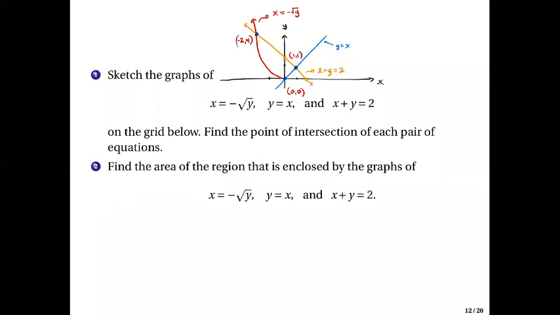This guy here, the green one, this is the region we want. So we want to find the area of this region. You can do it either with x as your variable of integration or with y as variable of integration. But in both cases, you will have to divide this into two parts.